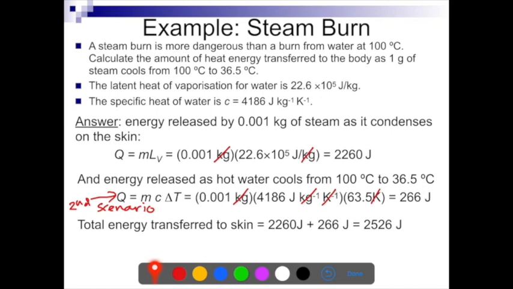But the energy absorbed by the skin will be positive 2,260 joules when steam condenses, and the energy absorbed by the skin when hot water cools down is 266 joules. So the total energy absorbed by the skin will be positive 2,526 joules.